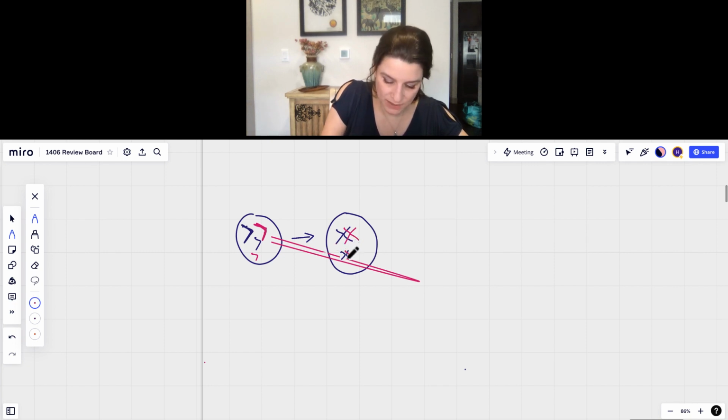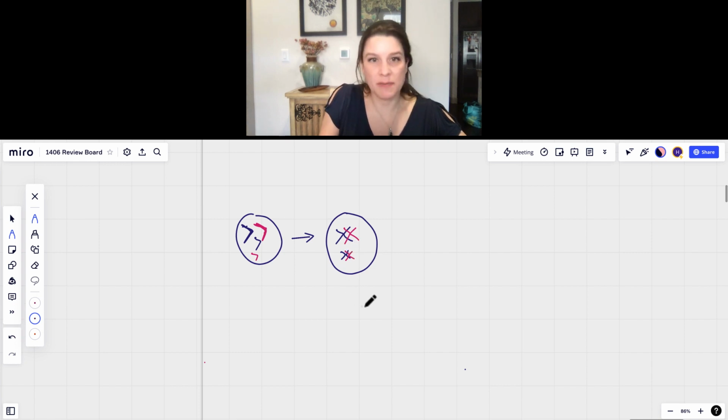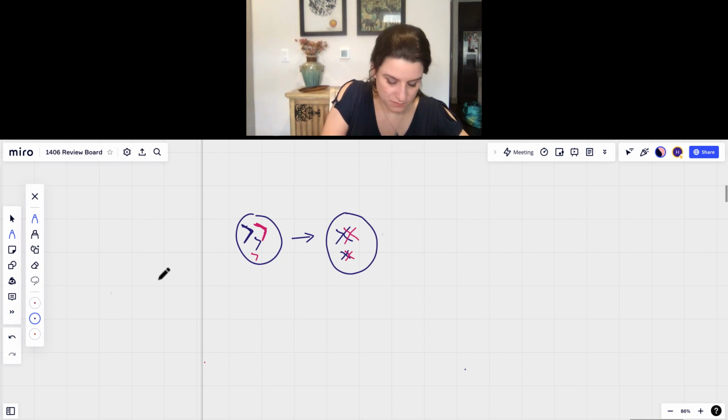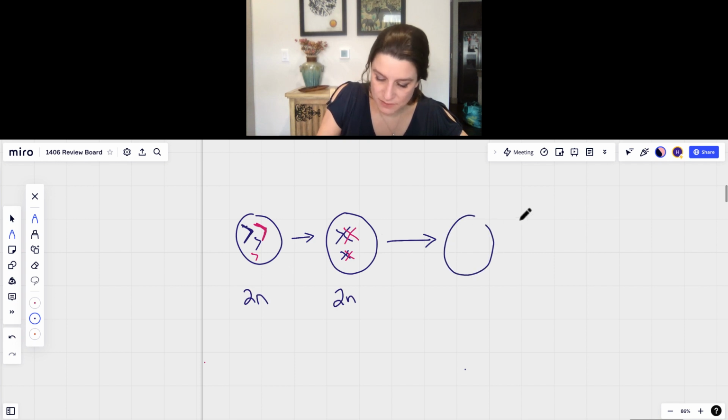This is actually, the pairing happens in prophase 1. The lining up happens in metaphase 1. So they're with their homologue, or their partner. And so if we think what happens after that, they're going to separate from their partner.